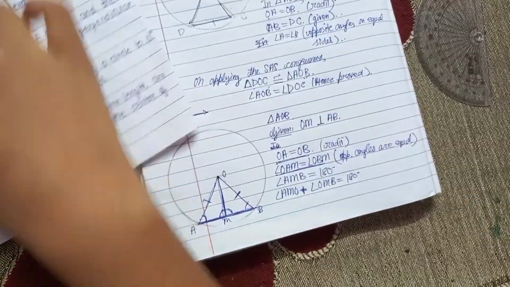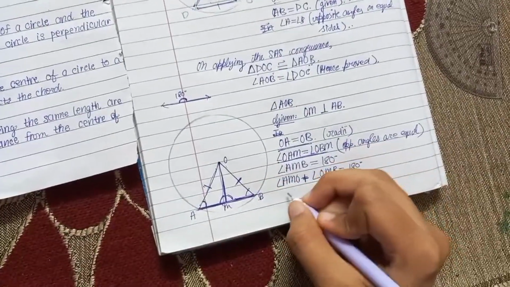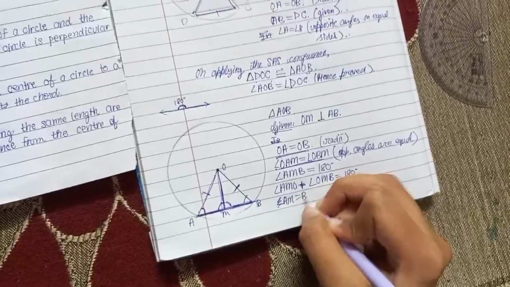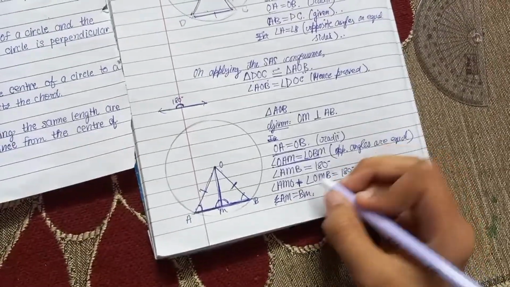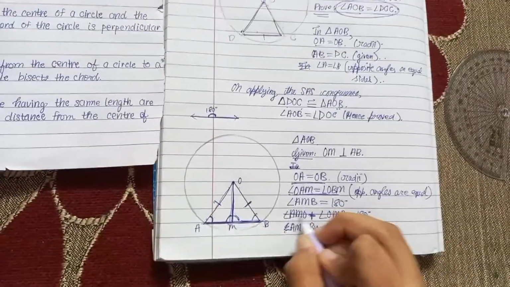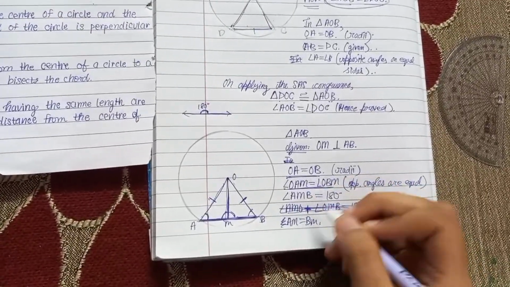So we can say that these two lines are also equal. AM is equal to BM. If you use this property now, it will be more complex. So just leave this line for now and let us focus on these only.